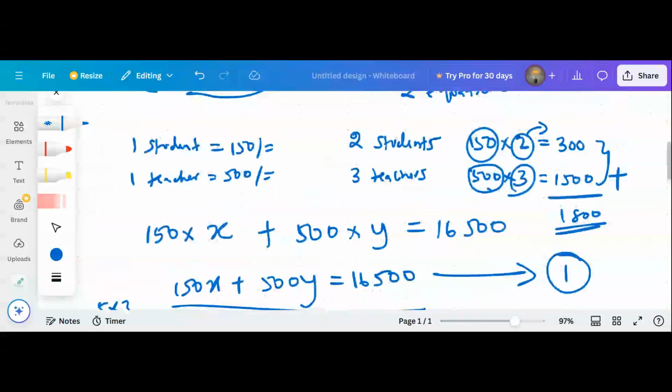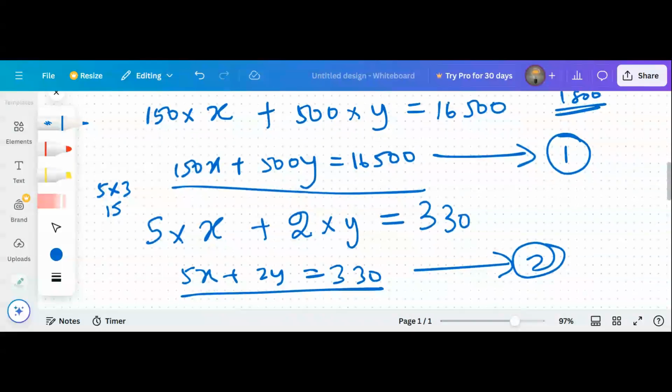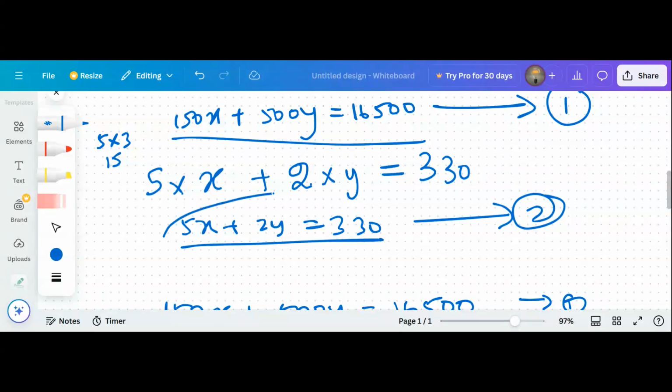Let's take a simple equation here. Okay, let's take this second equation. You can take any equation. There are two equations we have formed, first one, second one. You can take any of it, your wish.